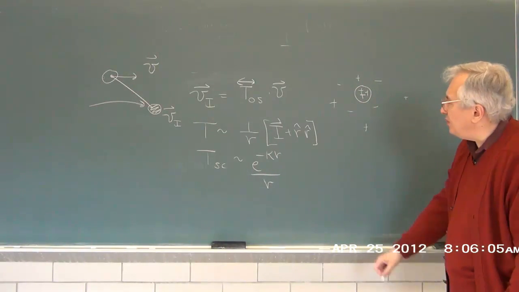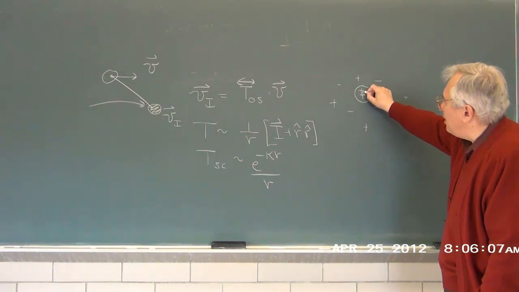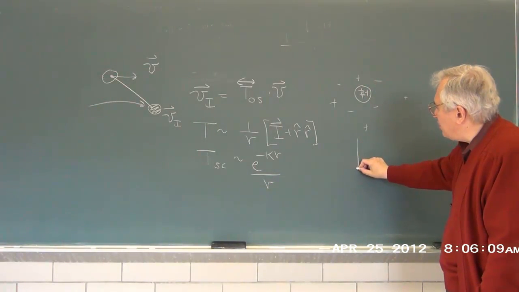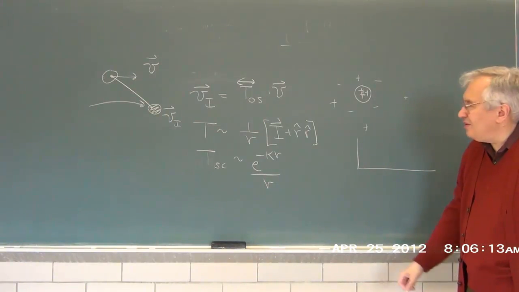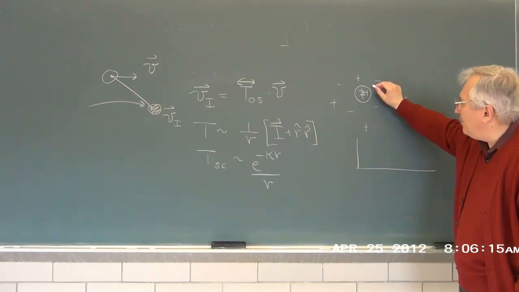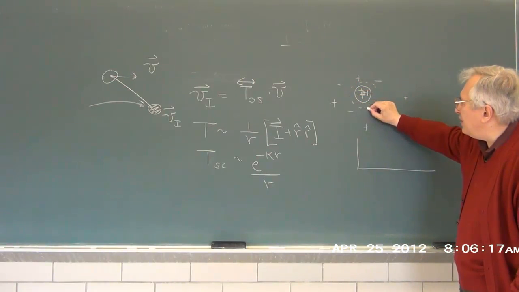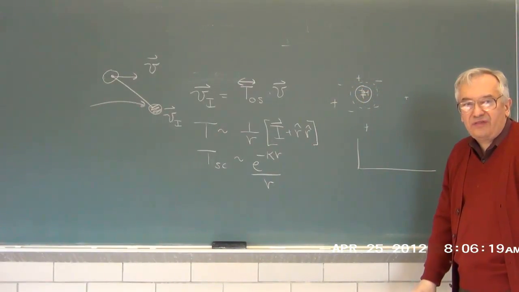If you ask what the electrostatic potential around this positive ion looks like, let us plot, starting at the center, the amount of charge encased within a Gauss's law sphere.